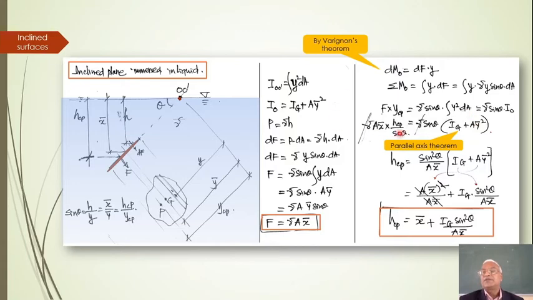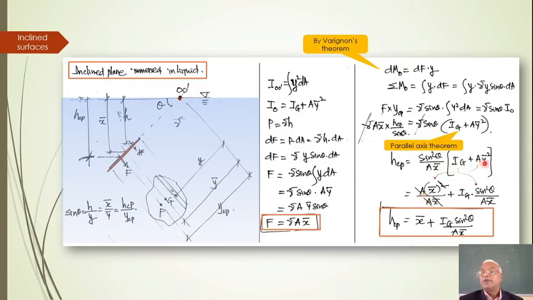Now from this expression, H cp can be simplified as sin squared theta divided by A X bar, in the bracket I G plus A into Y bar squared. If I simplify, so what I get here is, if I go inside, look at that.